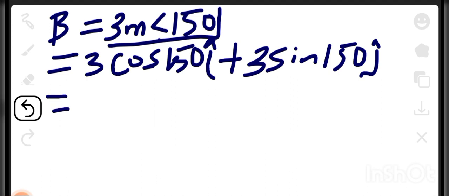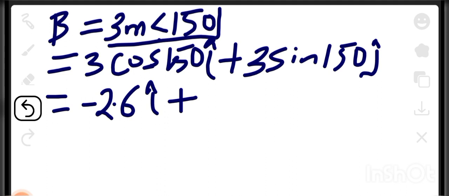The first one will be minus. If you do 3 cos 150, you're going to have minus 2.6 i. If you use 3 sine 150, you're going to have 1.5 j. This is what you're going to have.